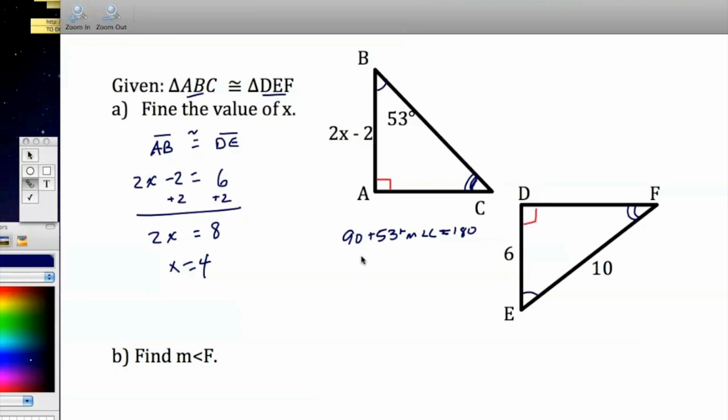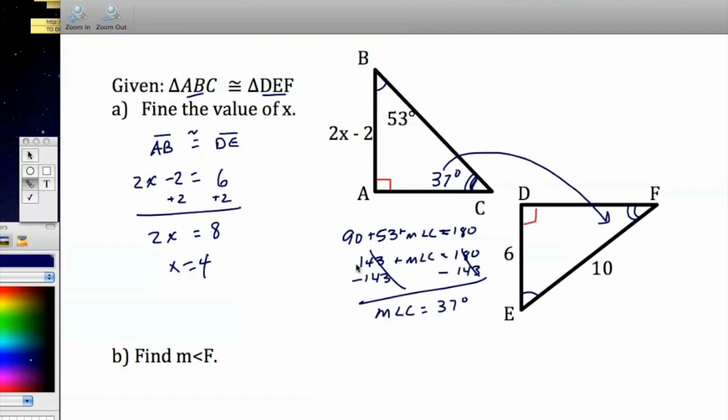Okay, so that means that 143 plus the measure of angle C is equal to 180. So I'll subtract 143. Measure of angle C is 37. Well, if this is 37, then that means that this is 37. See how that works, guys?